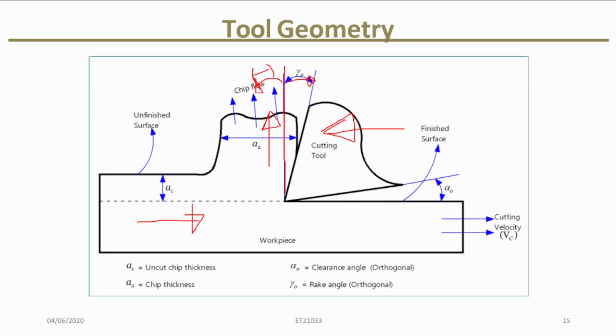If the rake angle is negative, the cutting chip thickness is very low, but this part is minimized, and the negative rake angle can damage this cutting edge. So that is the disadvantage of the negative rake angle.